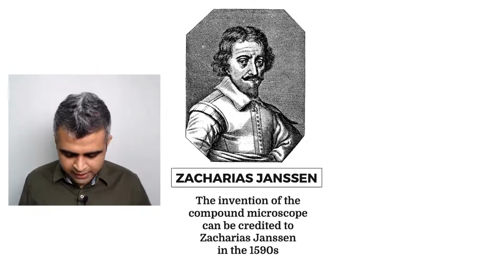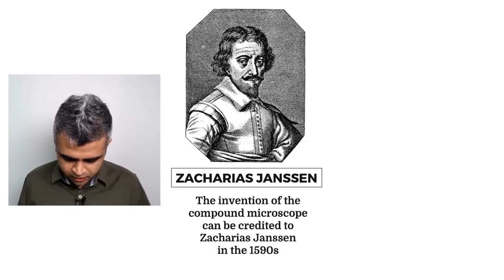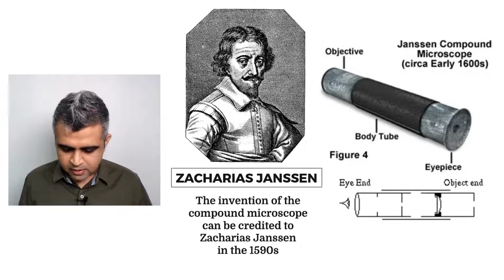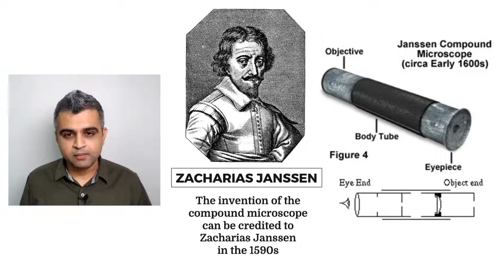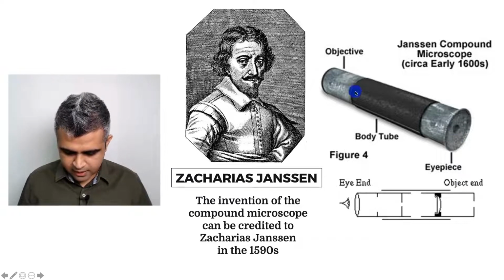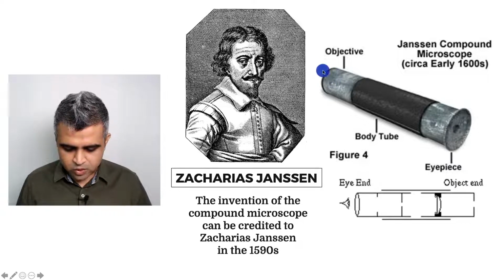He is widely credited to be the inventor of the compound microscope, and this is what his compound microscope looked like. It had two lenses, a lens here and a lens here. The one close to the object was called the objective, and the lens close to the eye was called the eyepiece. In between these two, you can see this thing called the body tube.